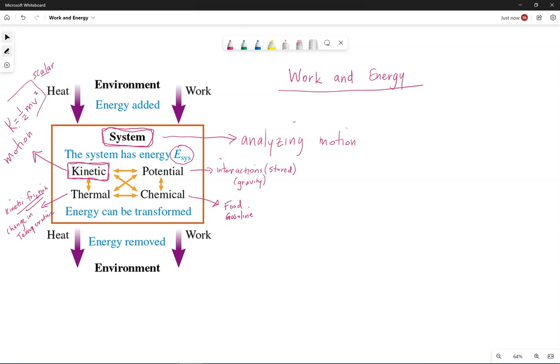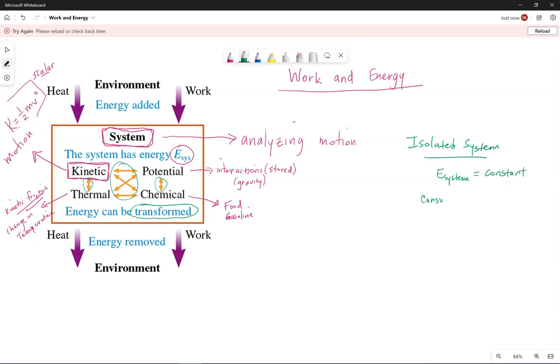Within a system, the energy can be transformed from one form to another. That's why all these little arrows are in here. We can convert and change energy back and forth. If the system is isolated, we say that the energy of the system is constant.